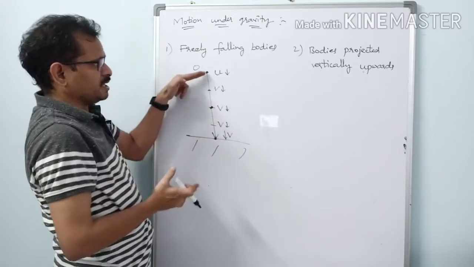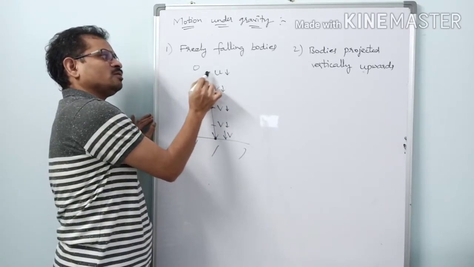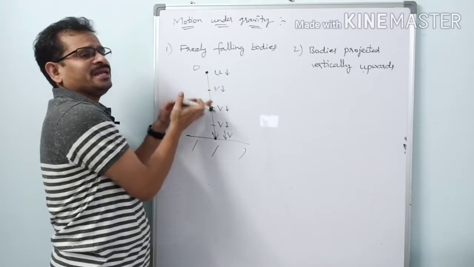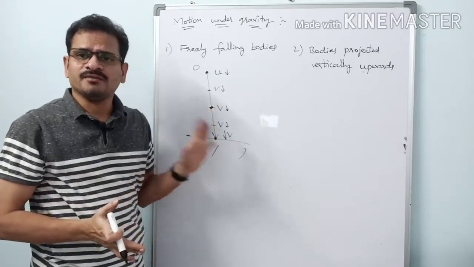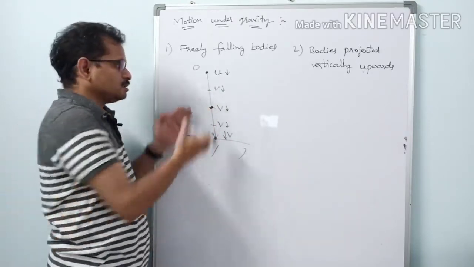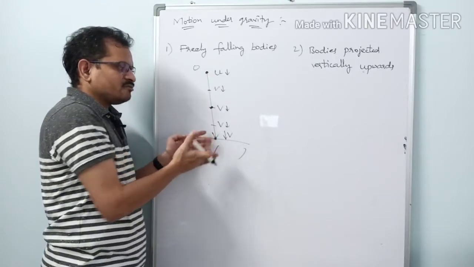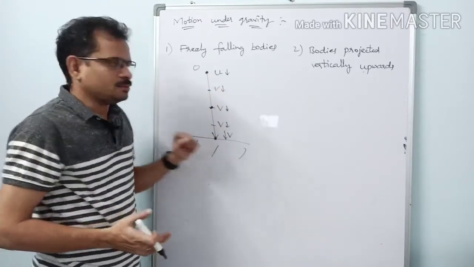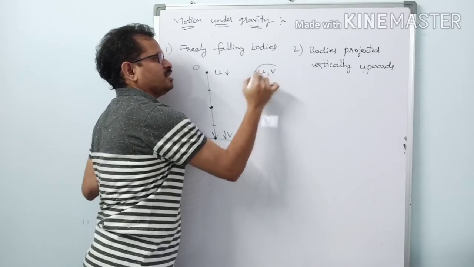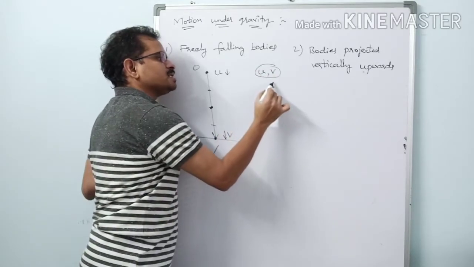Other than the origin, which is the only point of initial velocity, any remaining point can be considered a final velocity point, depending upon the problem. So at every point, what is the final velocity direction? Downwards. Now what about displacement?